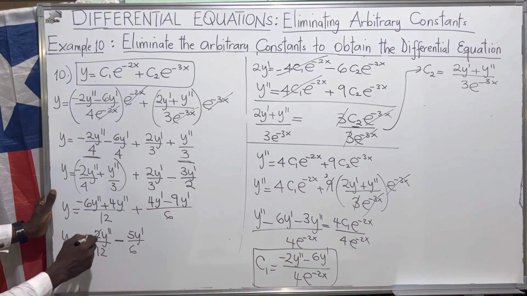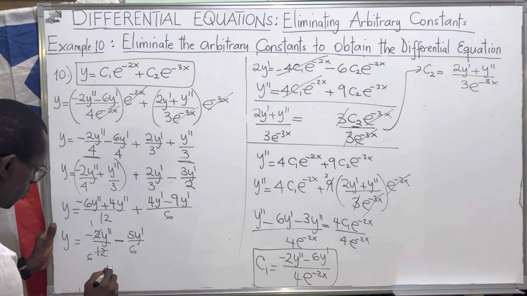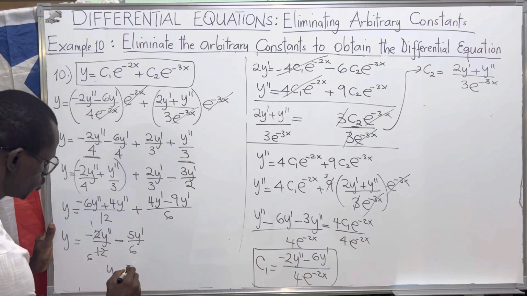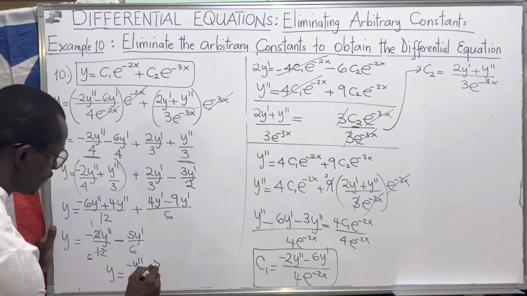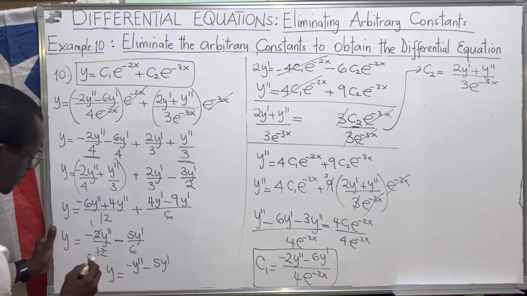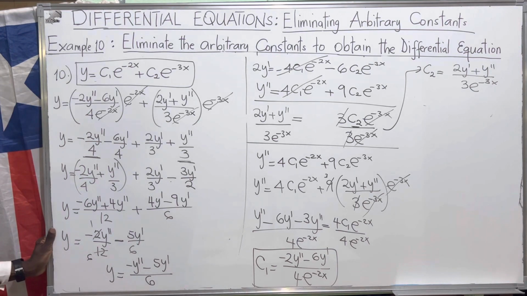So it's like 6 here, 2 here, 1 times 2 into 12 6 times. So this is y equals minus y prime minus 5 y prime. Since the denominators are the same, I can just take one of them divided by 6.